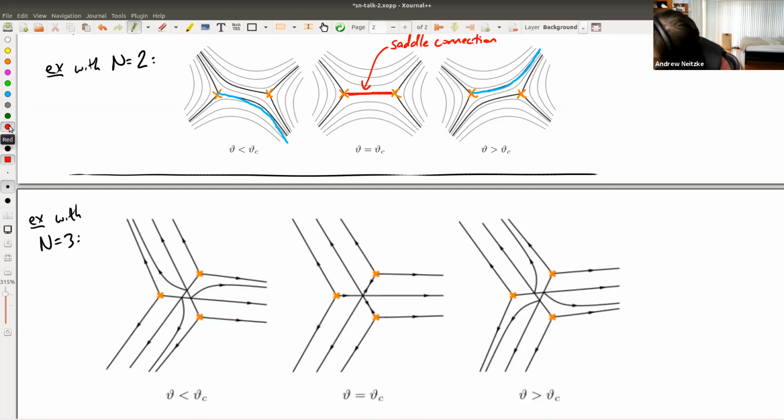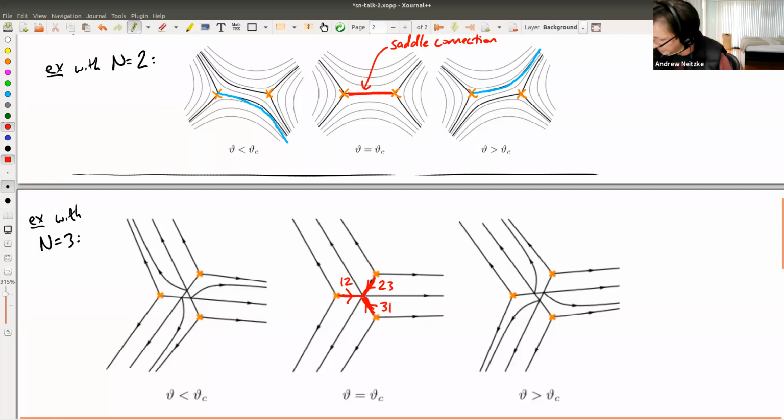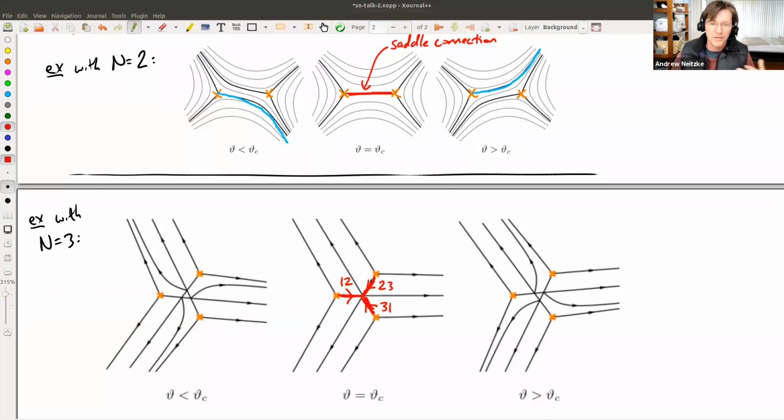At the critical moment, what appears is not a saddle connection, but this kind of trivalent tree. In this case, it just has one internal vertex. If I label the sheets, it's like 1 2, 2 3, and 3 1 coming together. So that kind of tree, or even higher topologies, will appear in this story, and they'll be associated to cluster transformations on higher rank moduli spaces of local systems.